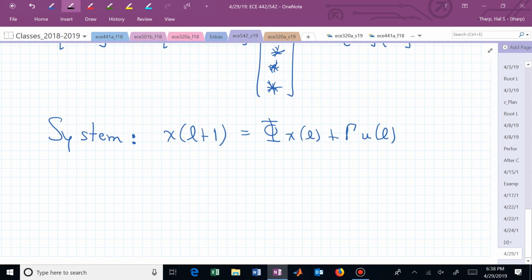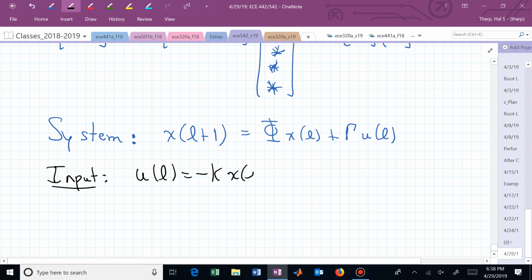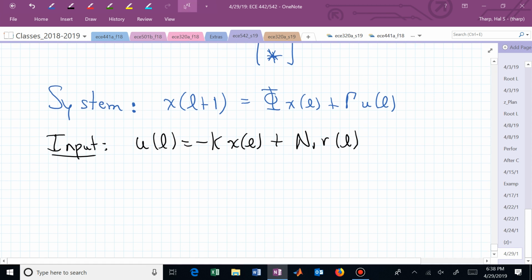Our input is now not only a full state feedback, which is minus K x of k, but it also includes a reference input, which we have to put in through this gain matrix N sub 1, and in a single input, single reference input system, N sub 1 is just a scalar.